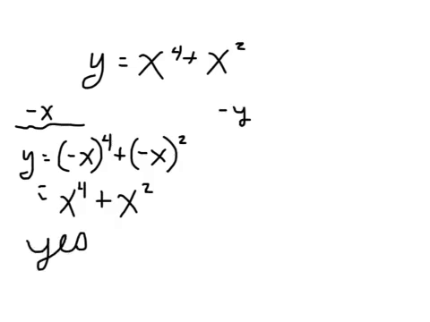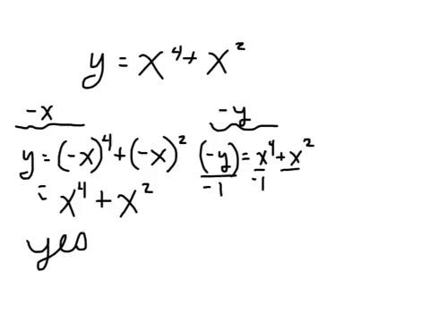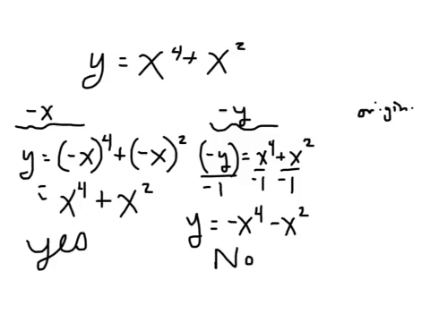Now I'm going to do negative y. Negative y is going in. I divide by negative 1. Y equals negative x to the fourth minus x squared. That would be a big no, because it is not the same as the original. Now I'm going to do origin, which is negative y and negative x going in.